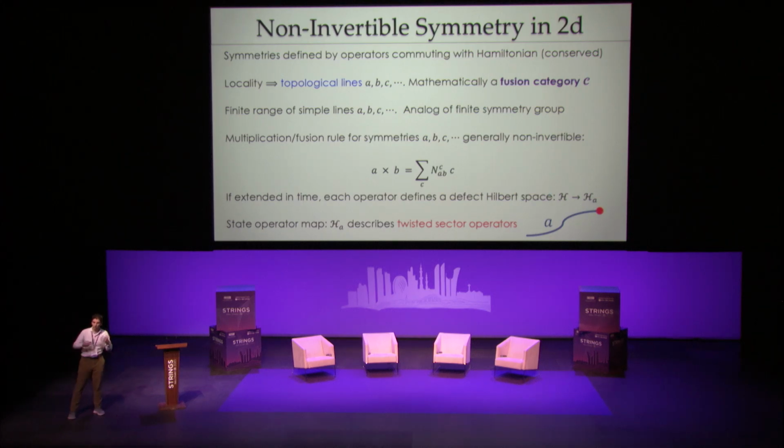And you could ask, what kind of states are in there? Well, one way to think about that is via the state operator correspondence. So the states in this H_A, you could think of them as twisted sector operators. So you have a local thing here, but instead of it just being a standard local operator, it has this long topological tail attached to it. So that's what these twisted sectors are all about.